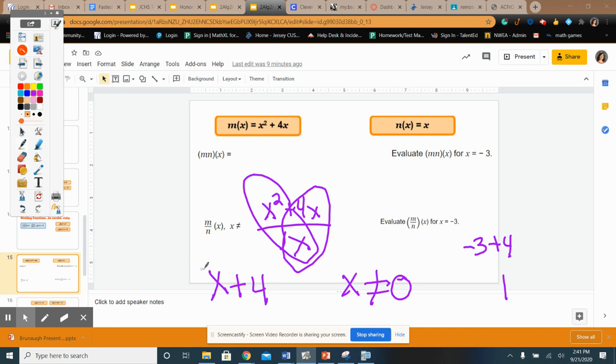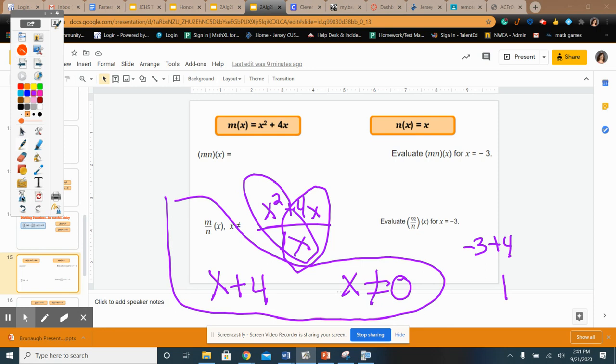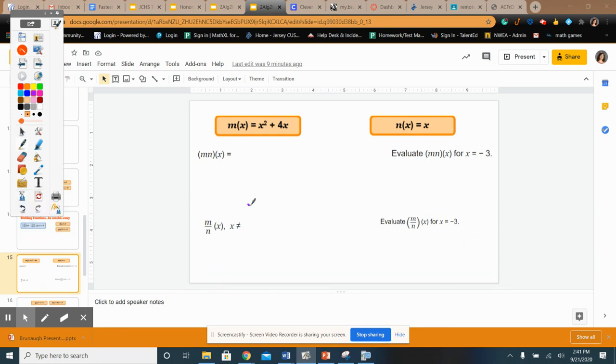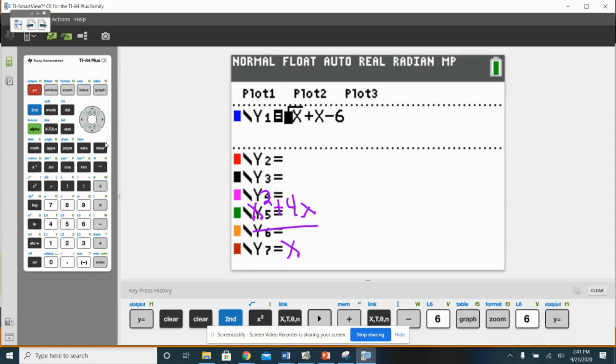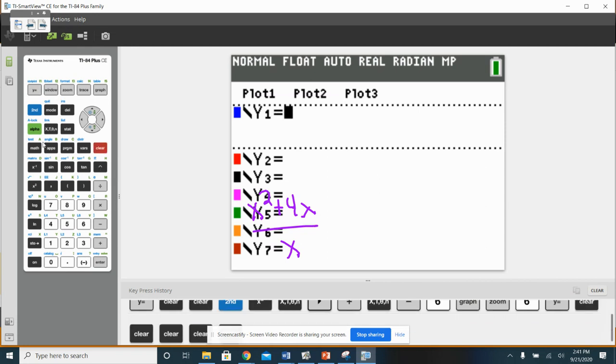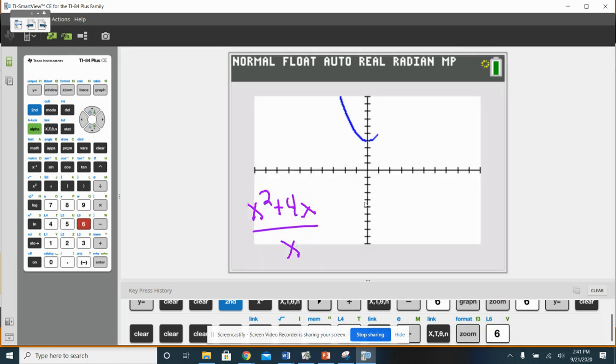So what does this mean? I do want to talk about this for 1 second. What this means is if I graph x squared plus 4x over x in my graphing calculator, let's see, y equals x squared plus 4x divided by x, I should get a picture of a line. I'm going to hit zoom 6 because my zoom might be messed up.